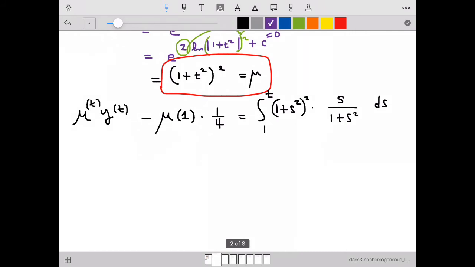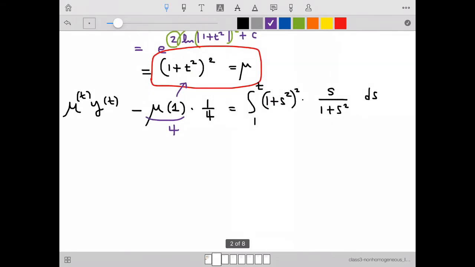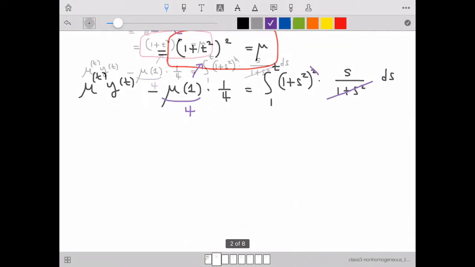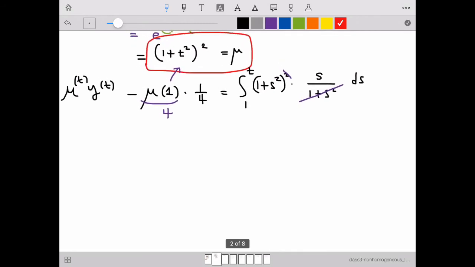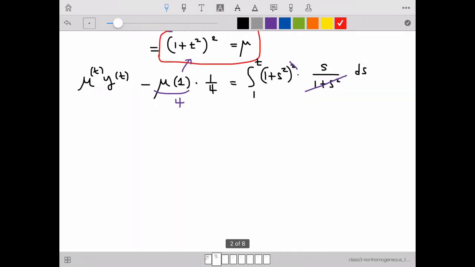So mu of 1, if I plug in 1 there, I get 2 squared. So this is 4. And then here, one of these disappears. So we get mu times y equal to 1, right?